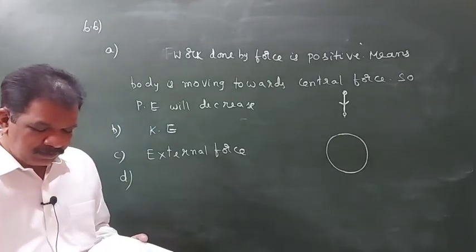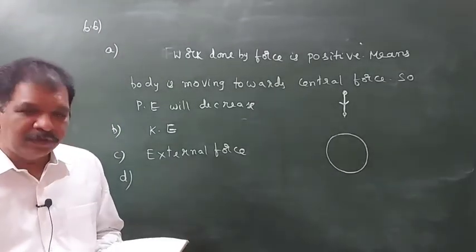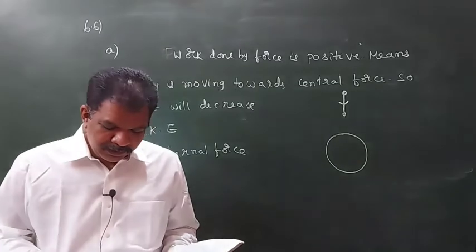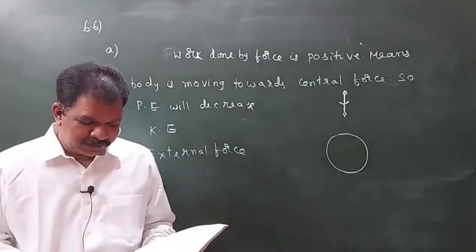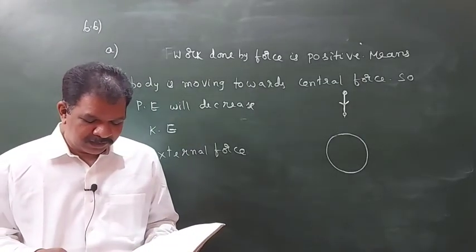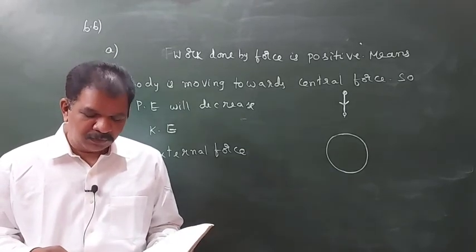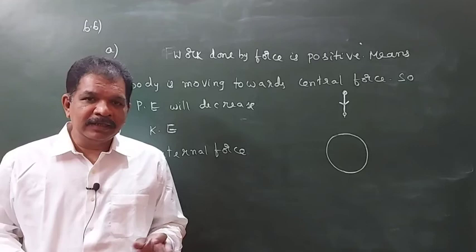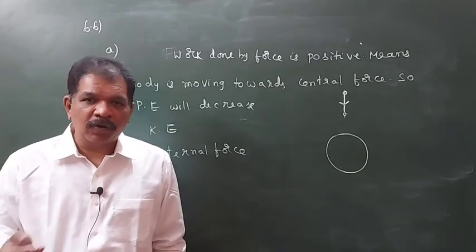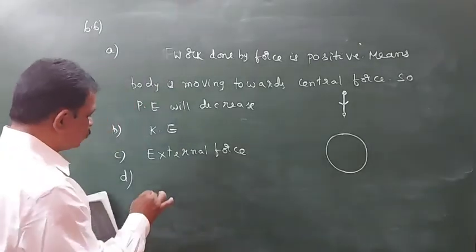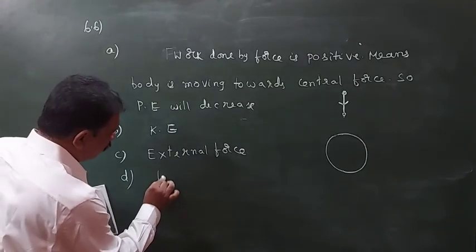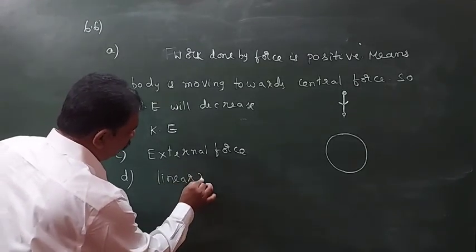Next, D. In an inelastic collision of two bodies, the quantities which do not change after the collision are total kinetic energy, total linear momentum, total energy. In an inelastic collision, what will be conserved? Momentum. Linear momentum will be conserved.